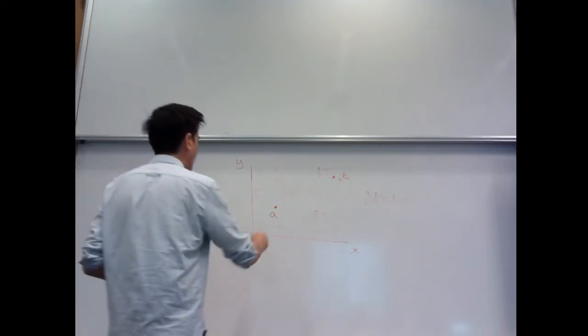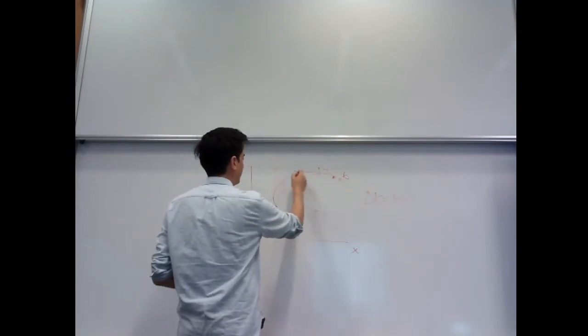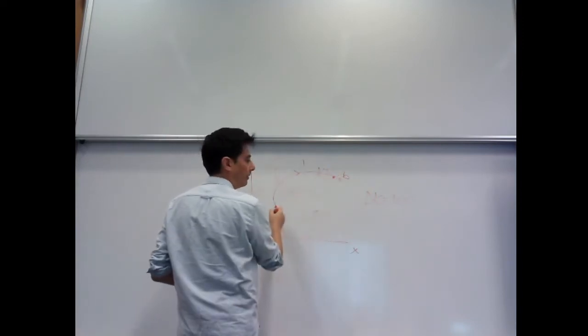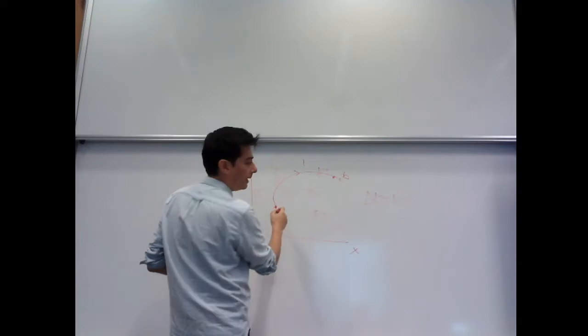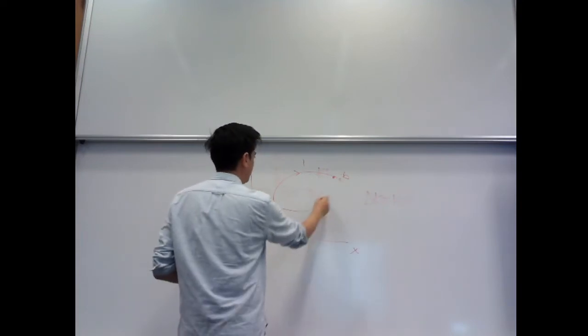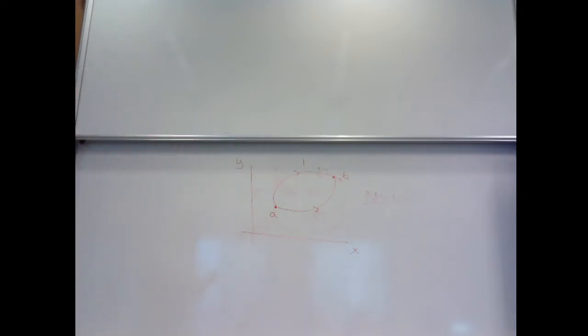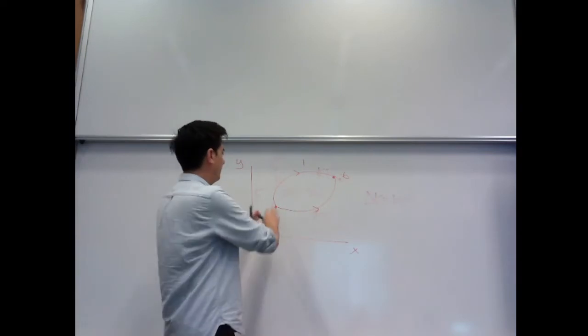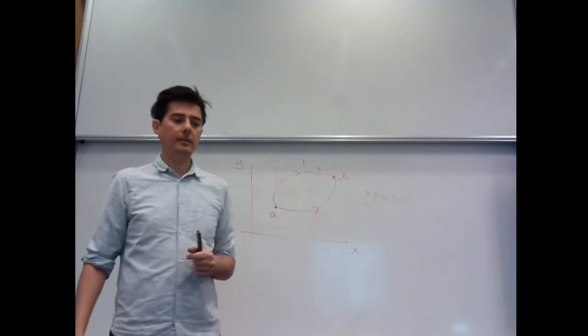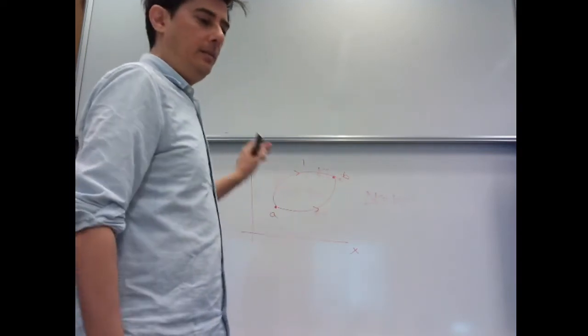You can go from A to B along this path, or you could go from A to B along this path. So there are multiple ways of getting from point A to point B.